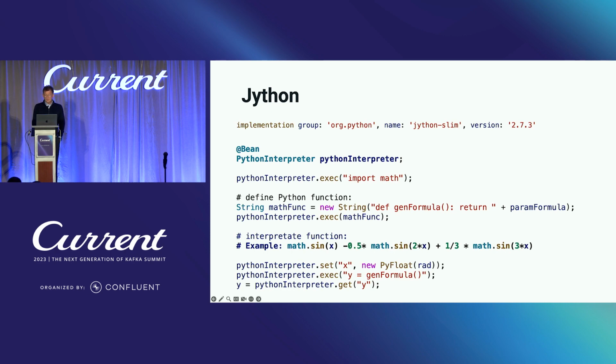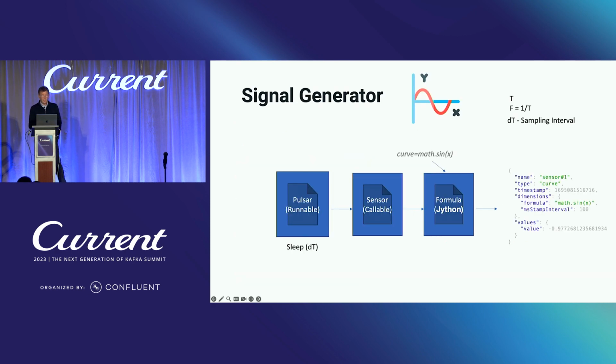We import math library, and then we just call this formula, and we get the result. And then we create this in Java, and we create a callable pulsar class, for example, runnable, which sleeps for some number of seconds we need to simulate signal.